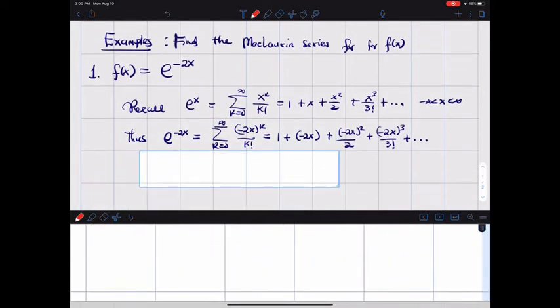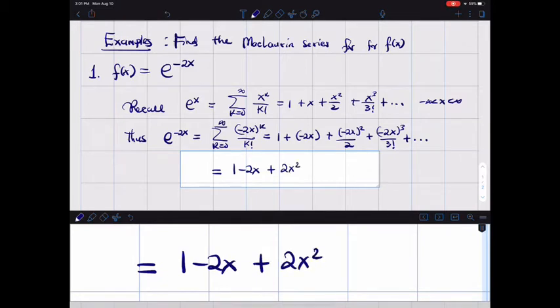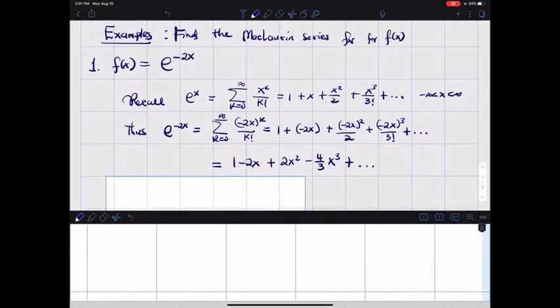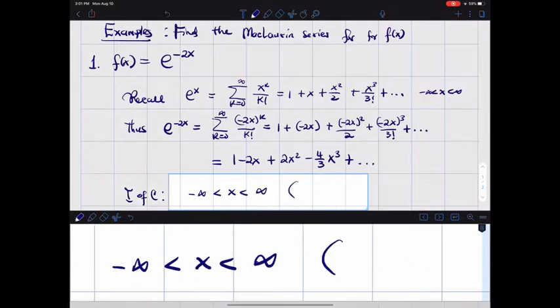So we end up with 1 minus 2x plus 2x squared minus 4 over 3 x cubed plus etc. You can show that the interval of convergence here is negative infinity to infinity. You should show this, using the ratio test.